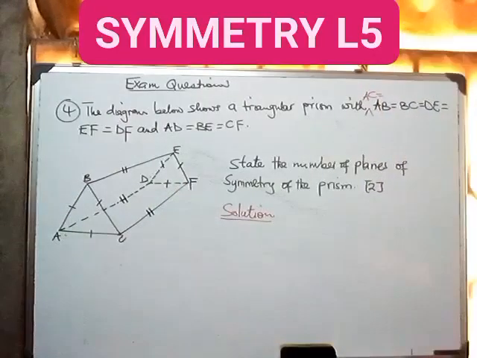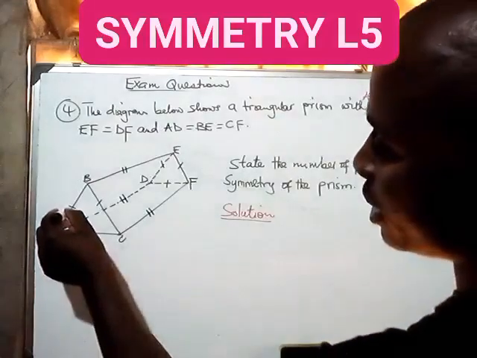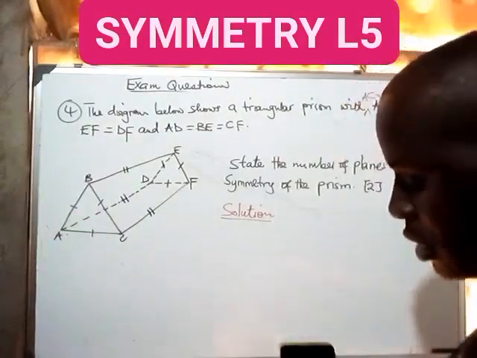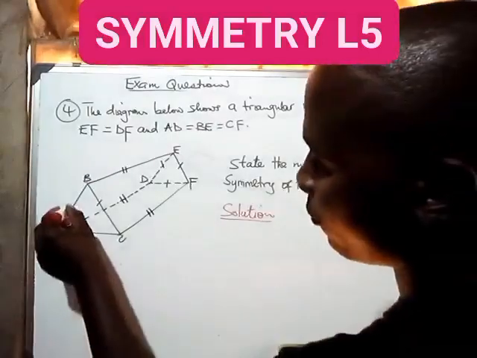The question is, state the number of planes of symmetry of the prism. So this is the prism. Which one is the base? The base of this prism is the triangle itself.